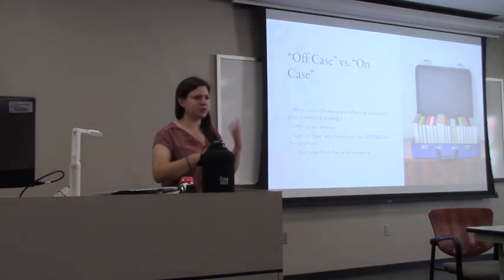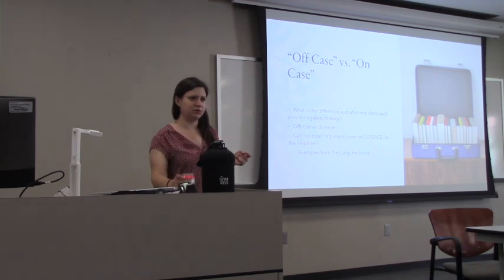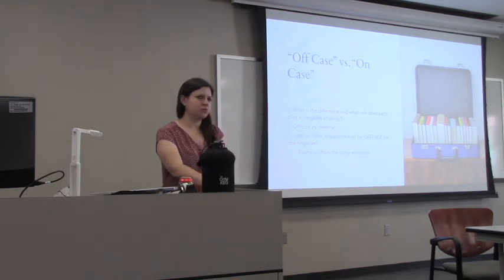And what kind of role does each of those play in negative strategy? This sort of gets back to the offense-defense question. Yeah, in the back. Off cases are a little more offensive, and on cases are like defensive, defending what they said?